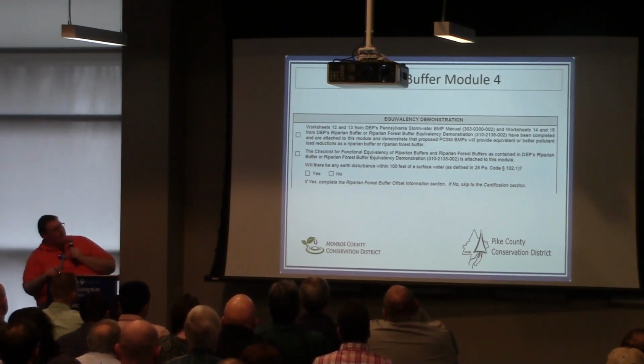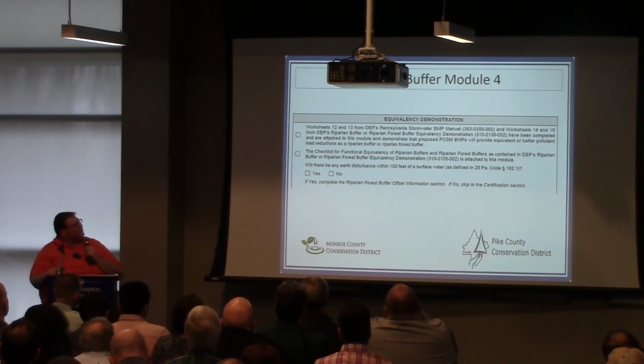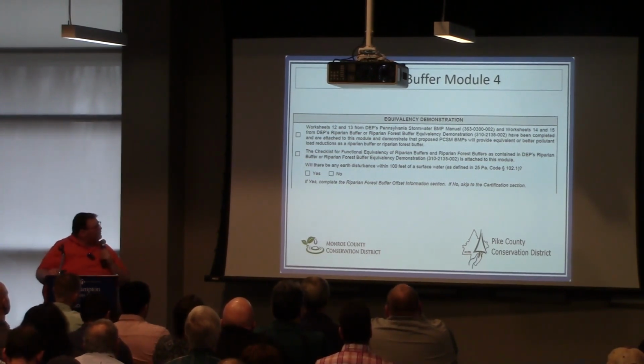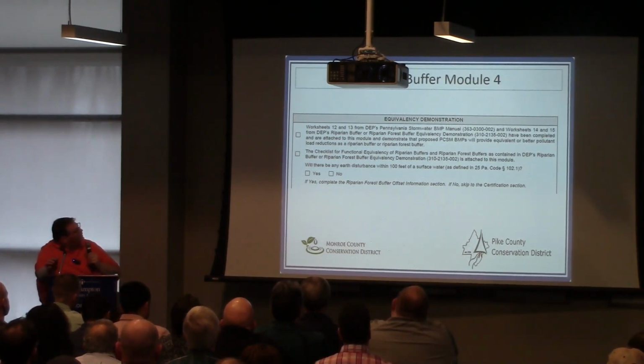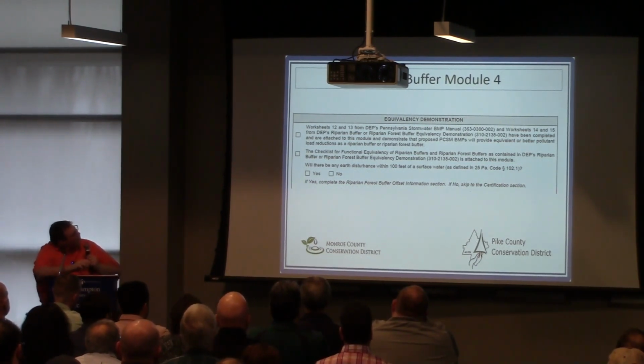This is only if you're disturbing within that first 100 feet. And this is in addition to the water quality component that you had to fill out in the spreadsheets. You'll need to provide worksheets 12 and 13 and worksheets 14 and 15.